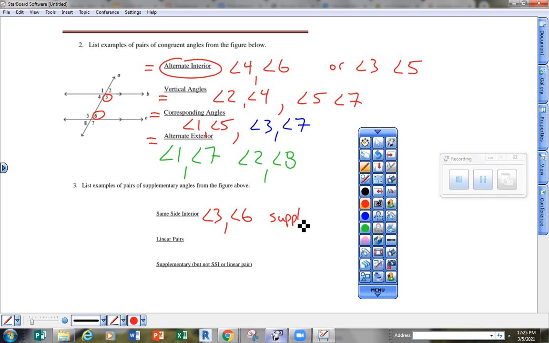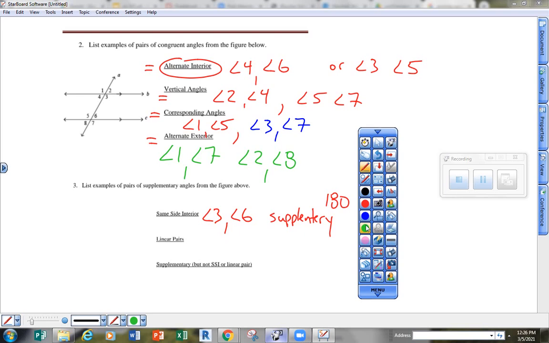They add up to be 180. So all those other ones above, alternate interior, vertical angles, corresponding, alternate exterior, are equal. Same side interior are not equal. Those two add up to be 180. 3 and 6 is an interior pair, adding to 180. 4 and 5 add up to be 180.